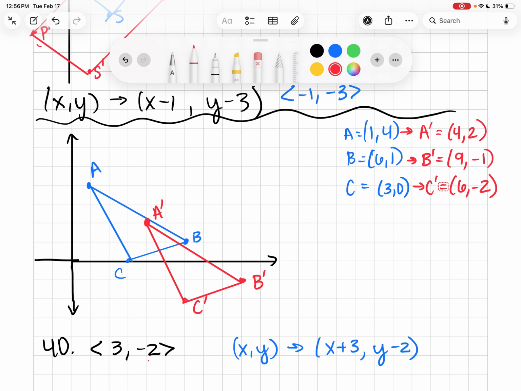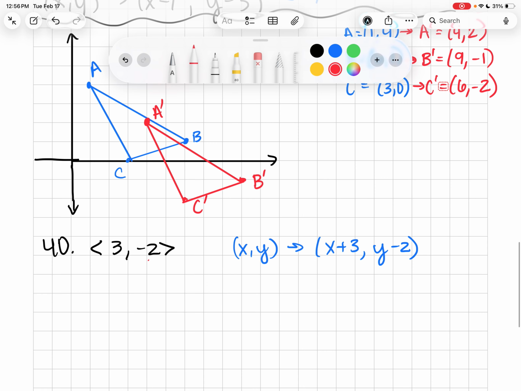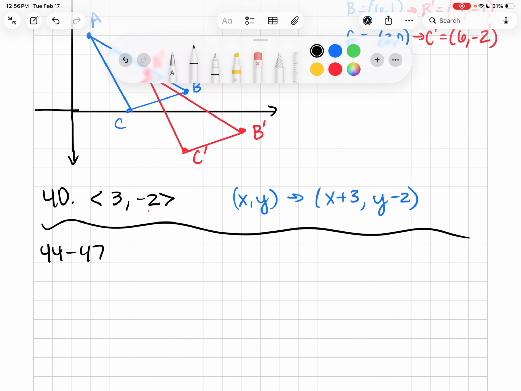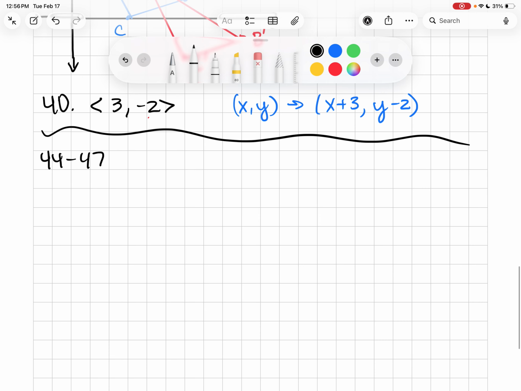One other thing in this section, it's not really multiple choice, it's more like matching. They give us a graph for 44 through 47. Somewhere like this. K is at (-6, 1).